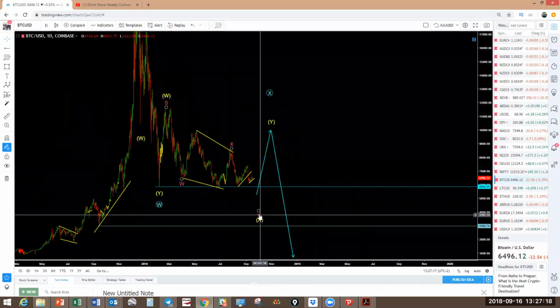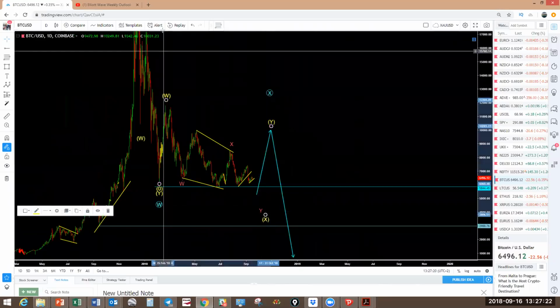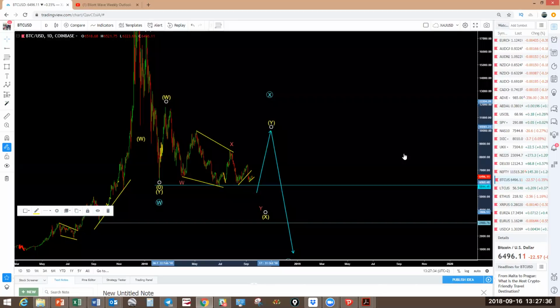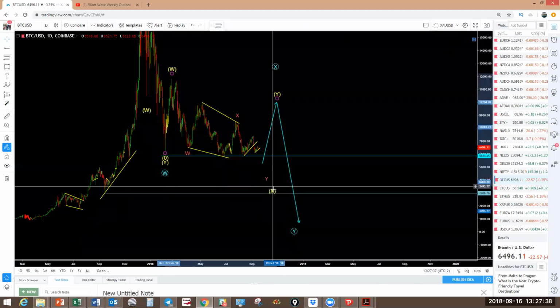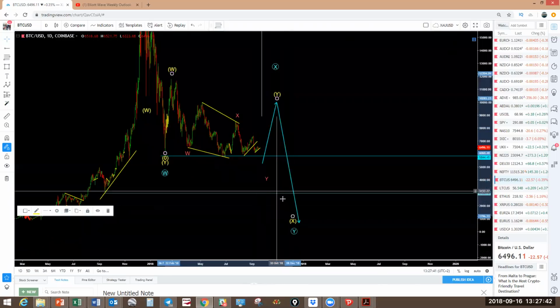Let's see. Could just break up to that level before we push. There's still a possibility for this one push higher before we come down. Okay, but this is not a must, and if we keep unfolding in these structures, we may just keep going all the way down.